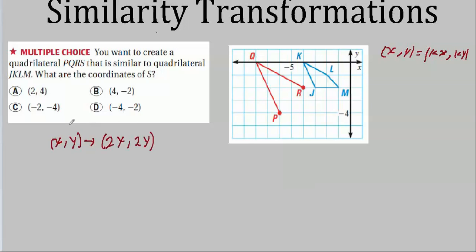Our notation should look like (x, y) goes to (2x, 2y). So we use this to get our scale factor, and I think L corresponds to R, yes. J corresponds to P, yes.